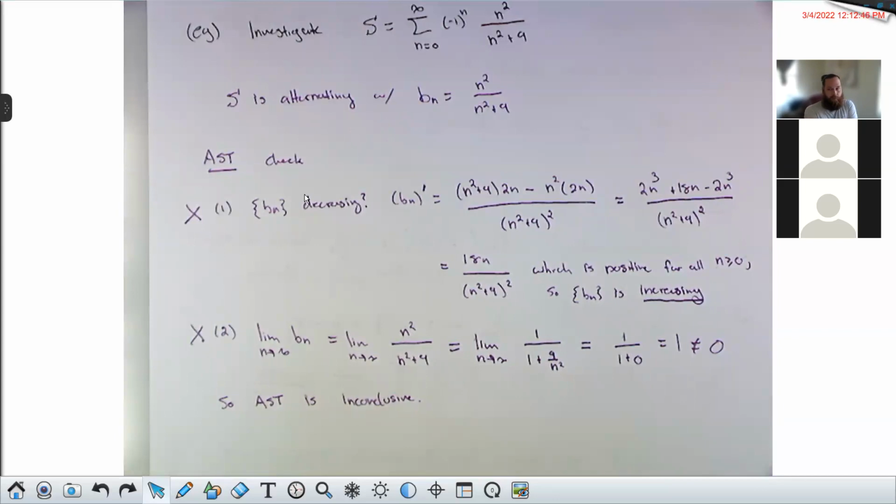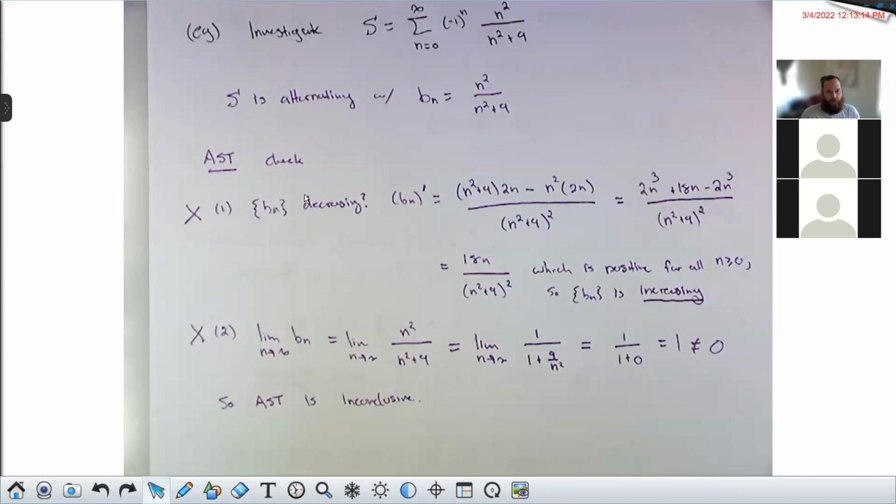Can't use limit comparison because this is not a series of positive terms. I can't use the integral test because the function we would get here is not positive. So those tests are all out. The bottom doesn't factor, so there's no chance of this being telescoping. And it sure isn't geometric. n squared over n squared plus 9 is not some constant to the n. That only leaves one thing.